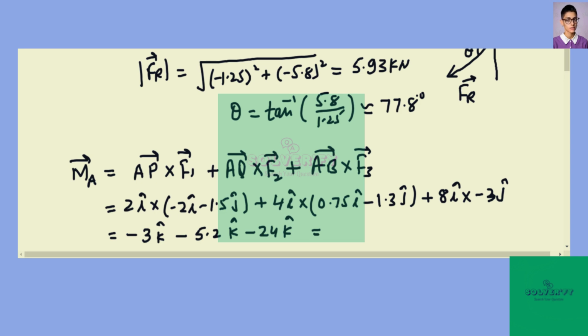When you simplify it, this will be around 34.8. The unit is kilonewton meter, or this could be written as 34.8 kilonewton meter in the clockwise direction.